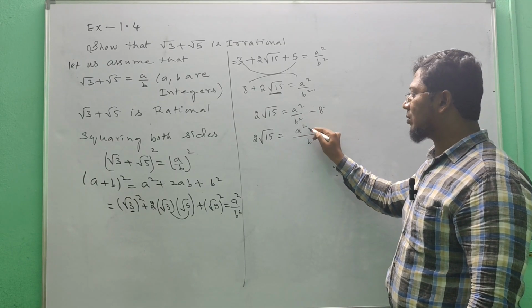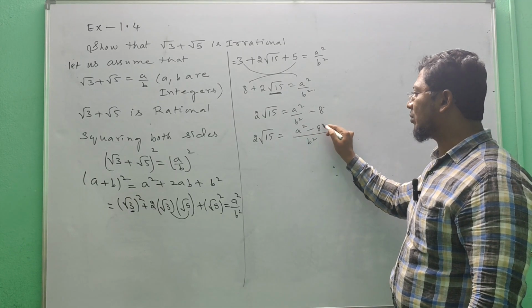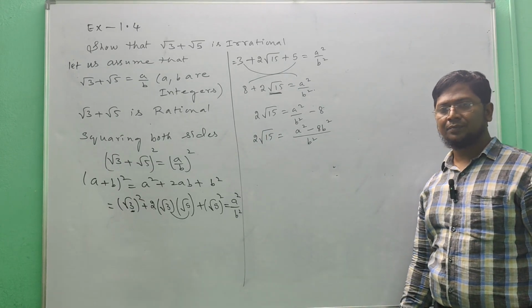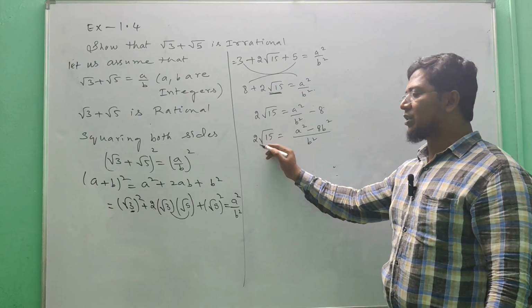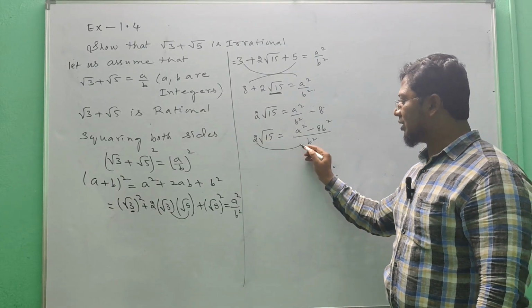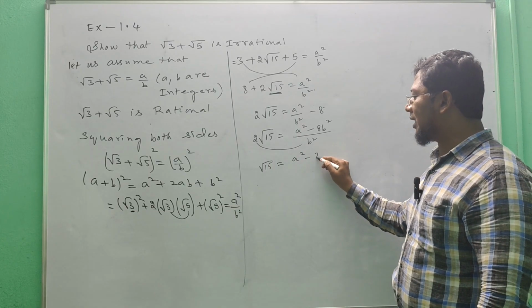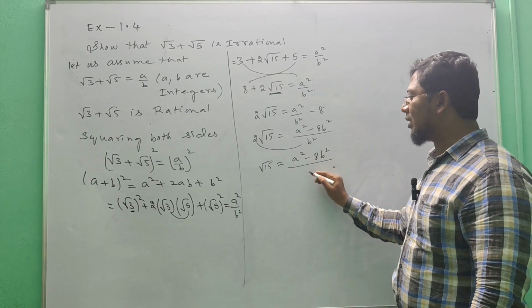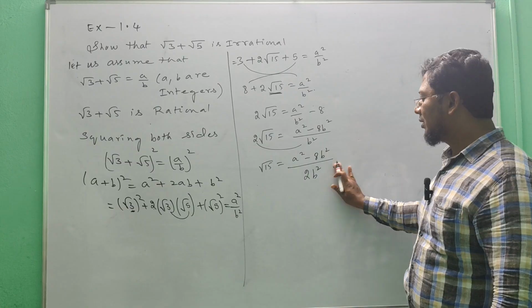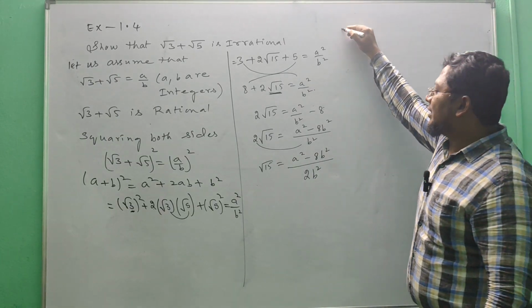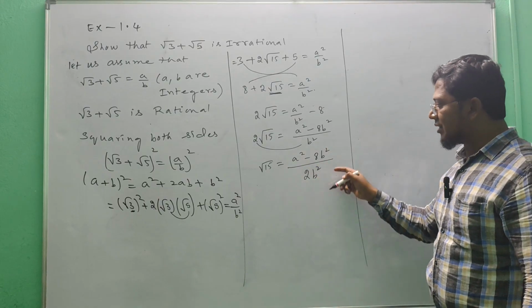What we have? A square minus 8 multiplied with b square, 8b square. So 2 and root 15 are in multiplication, so 2 goes to the denominator. We have root 15 is equal to a square minus 8b square upon what? 2b square.